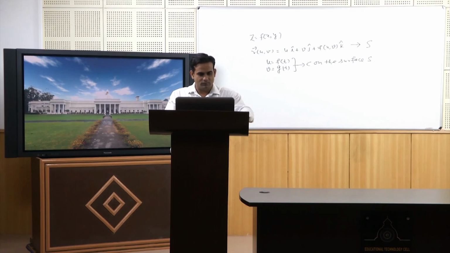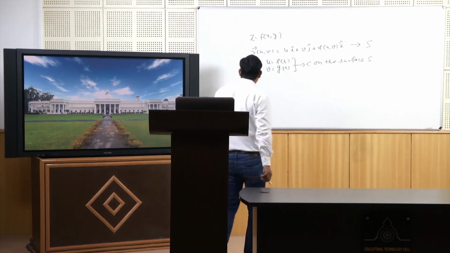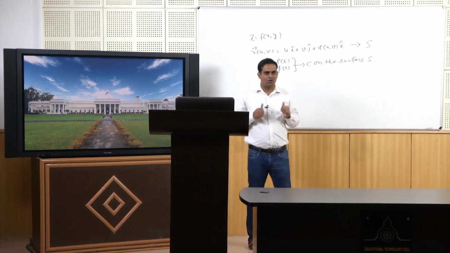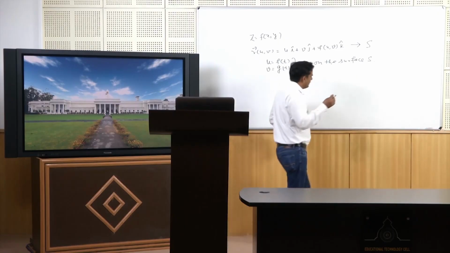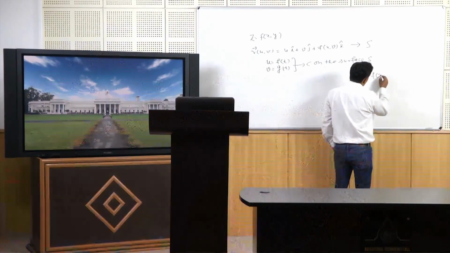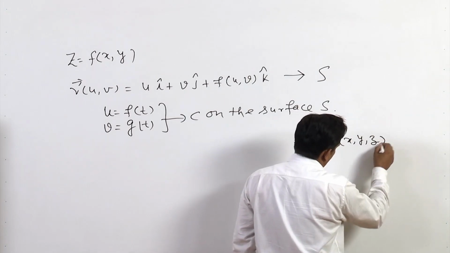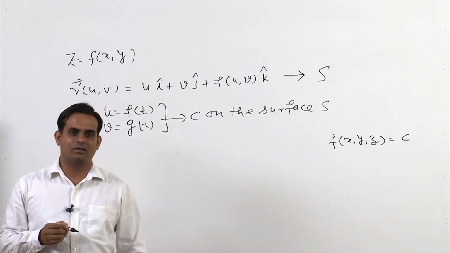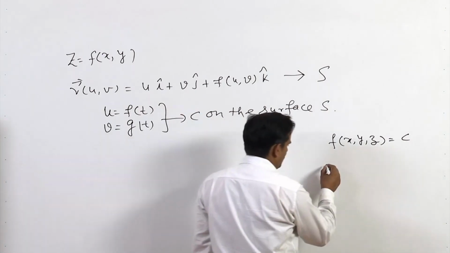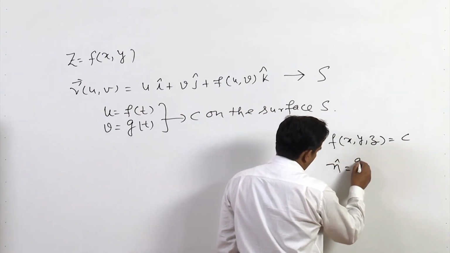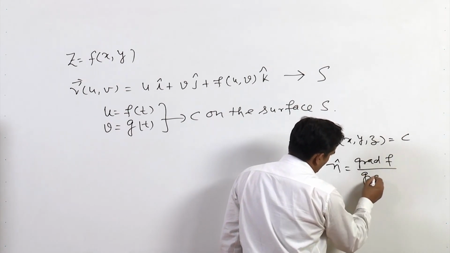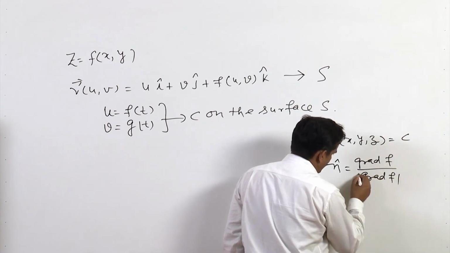Now we know that this is the tangent plane, and any vector which is normal to this tangent plane is called a normal vector. So far we know this representation of the normal vector: if the surface is given by f(x, y, z) = c, then the unit normal vector is the gradient of f upon its magnitude.